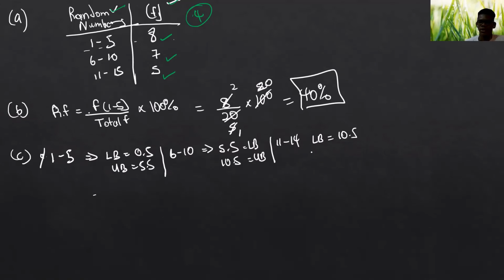The upper boundary for one class interval is the lower boundary for the next, right? Okay, raise your hand if you see what I'm talking about. All right. Yeah, I don't know why I'm stuck here. All right, so that's the boundaries.